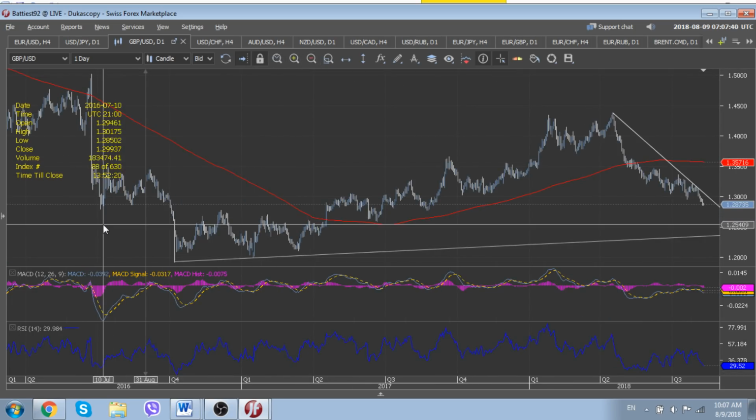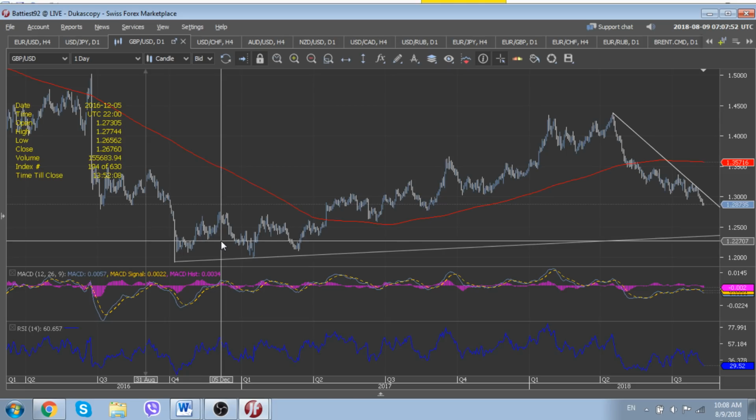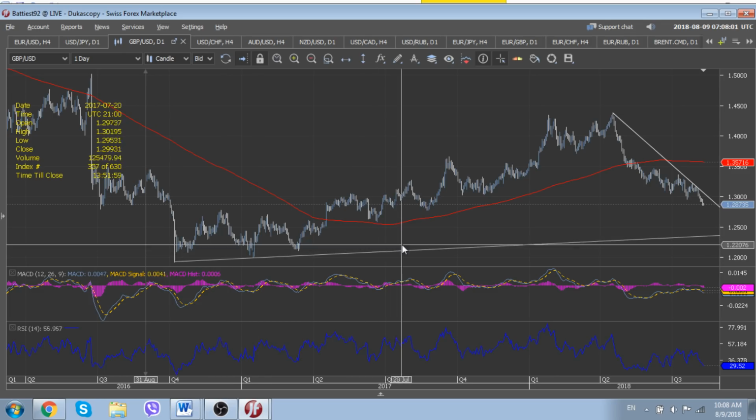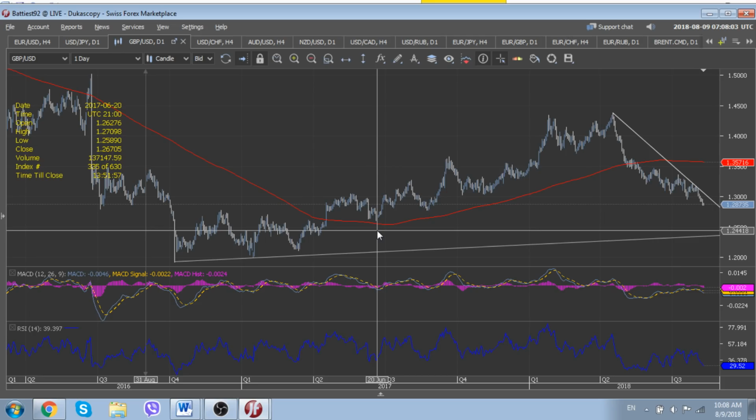This barrier is located around the lows of July 2016, located at 127.97, around the 128 level. At the same time, here lie the highs of December 2016, 127.74.